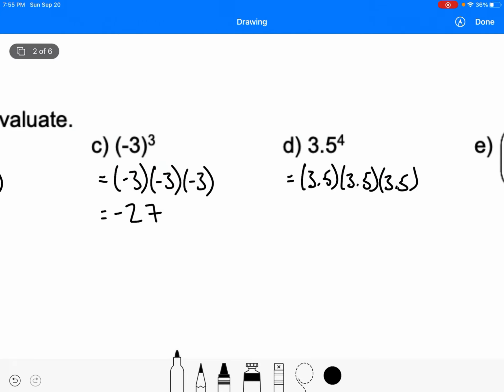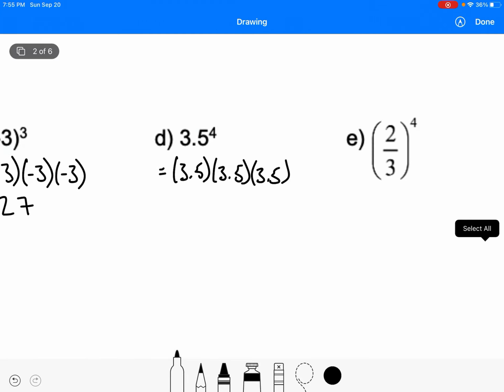If you know how to use your calculator properly, you can actually just put 3.5 to the 4 in your calculator. Sometimes it's a little hat, sometimes it's an XY button, but it's going to give you 150.0625 as our answer. Now, this one here is a little different because whenever we have a fraction, our exponent always applies to the top.